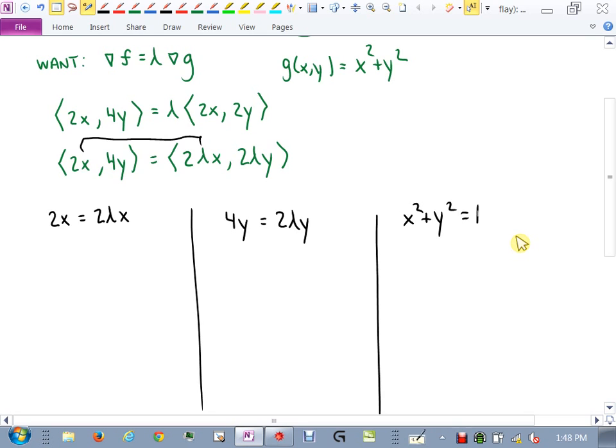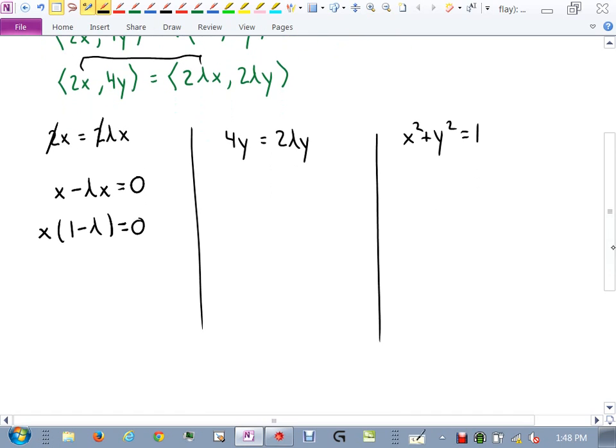So what I'm going to do is mess with this first equation over here. How about I divide everything by 2? Can I do that? Yes. Why don't I bring that lambda x to the other side? At this point, can I factor an x out? And I get x times (1 minus lambda) equals 0. And then don't you just set each of those to 0? x is 0 and what?